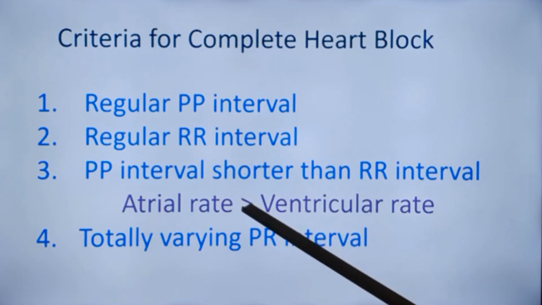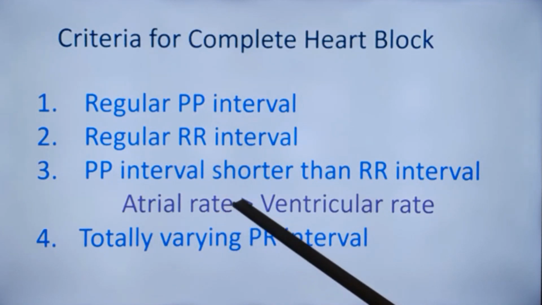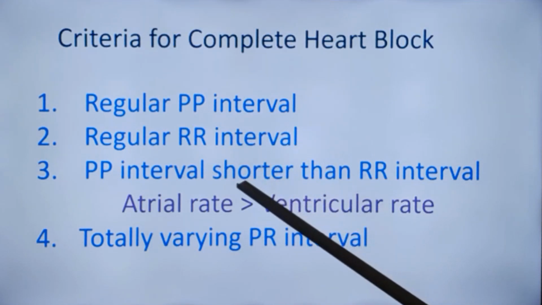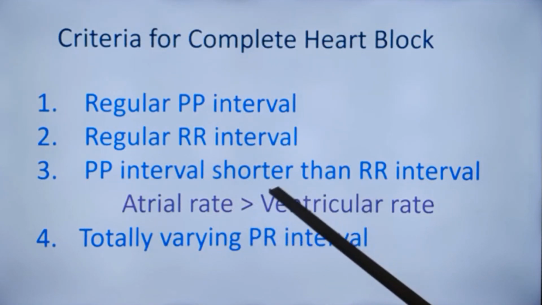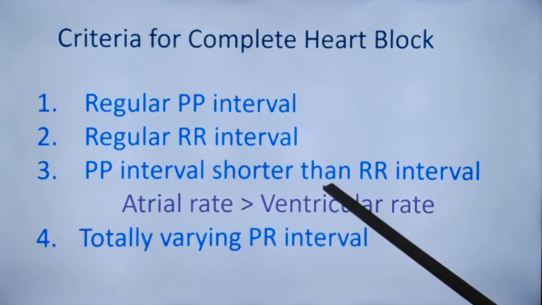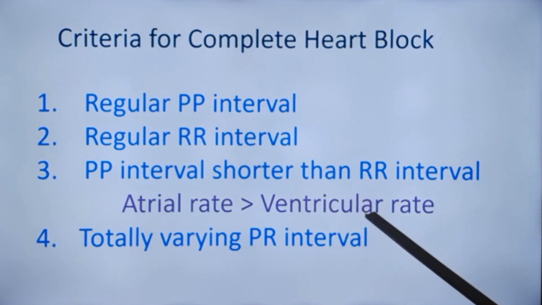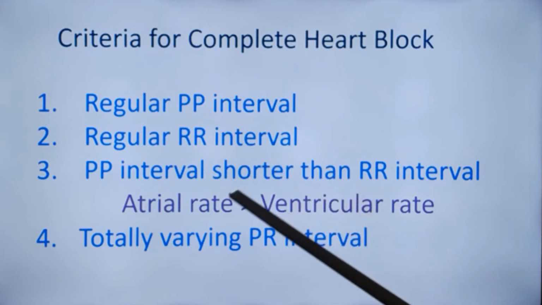Instead, usually you will have ventricular tachycardia with AV dissociation. When the PR interval is varying, you have AV dissociation. But when the ventricular rate is more than atrial rate, usually it is a ventricular tachycardia with AV dissociation.